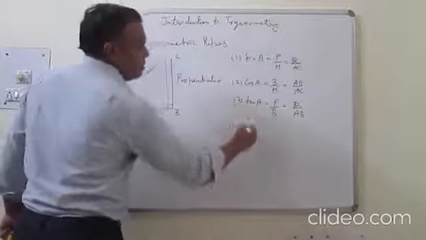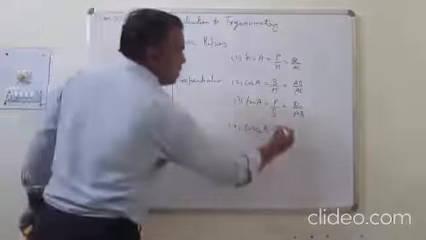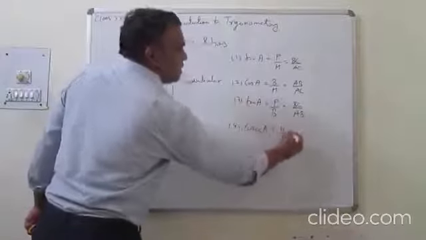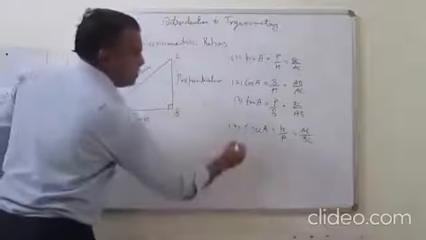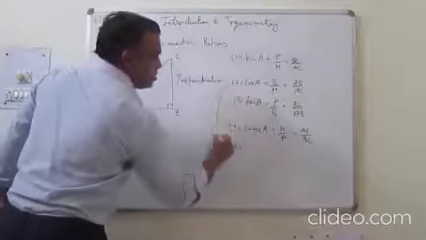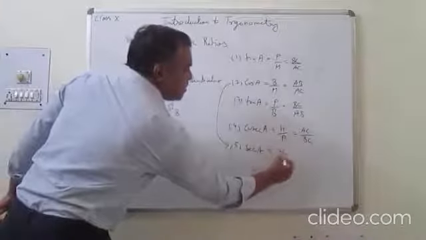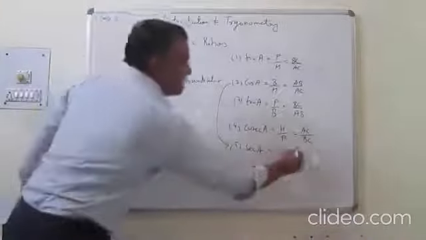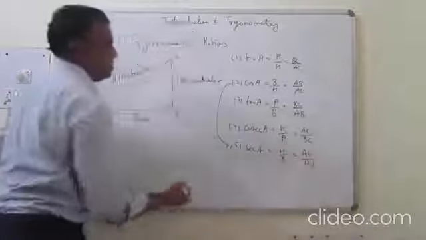So cosec A is equal to H upon P, means AC upon BC. Sec A is the reciprocal of cos, it is hypotenuse upon base, AC upon AB.